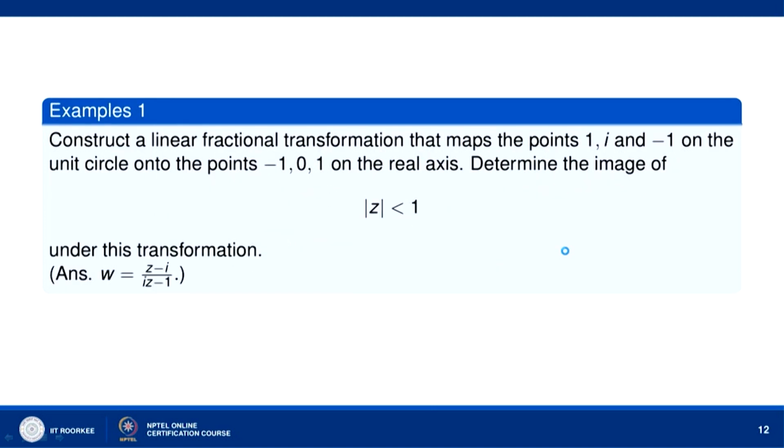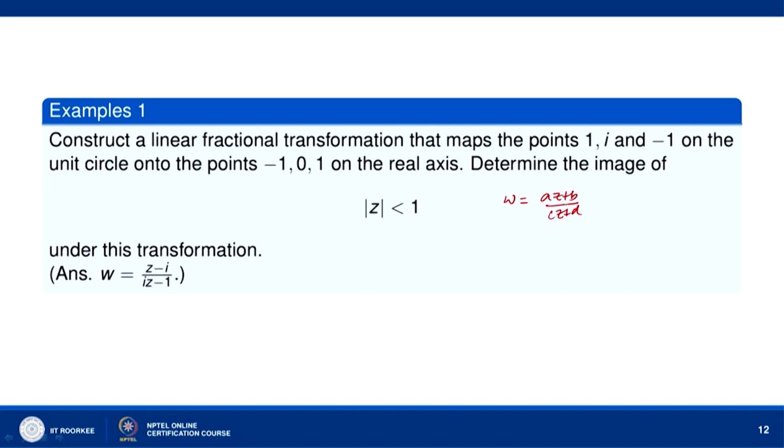Now, let us take an example on this. Construct a linear fractional transformation that maps the points 1, i and minus 1 on the unit circle onto the points minus 1, 0, 1 on the real axis. So, we have W equal to a z plus b over c z plus d.